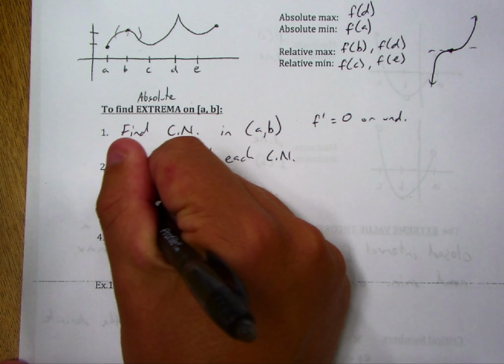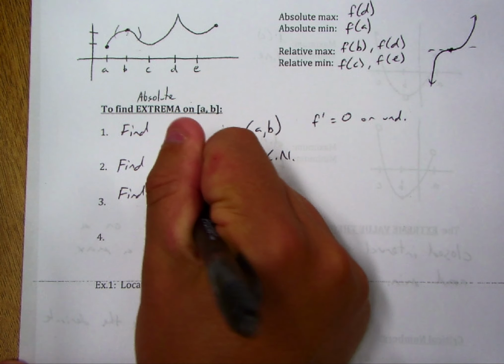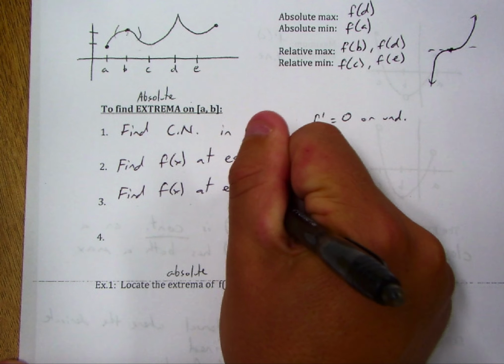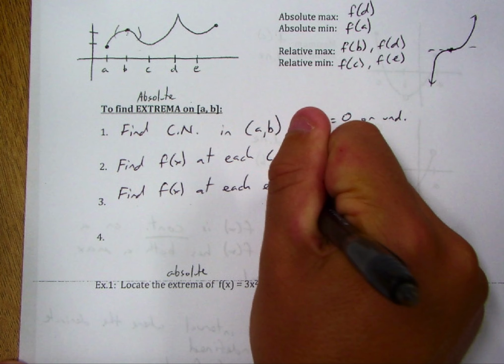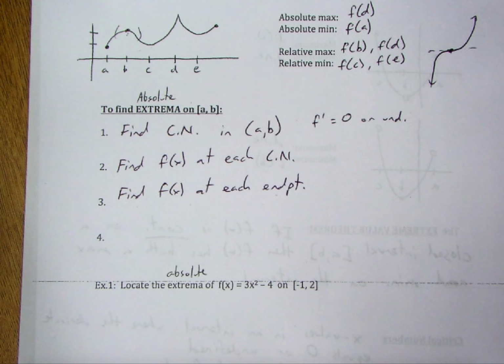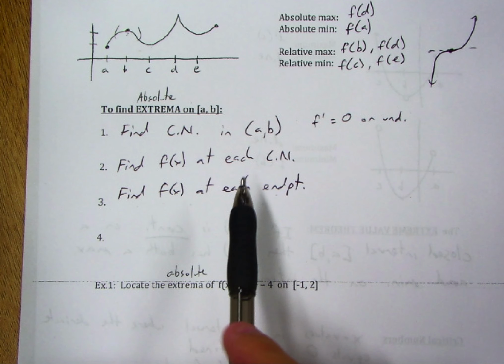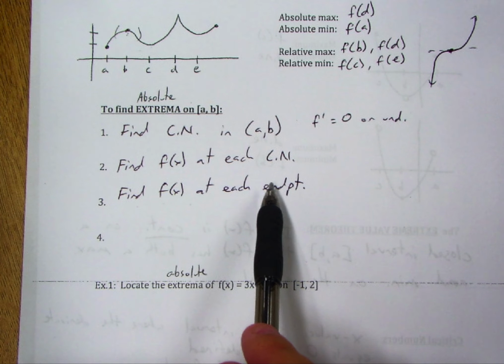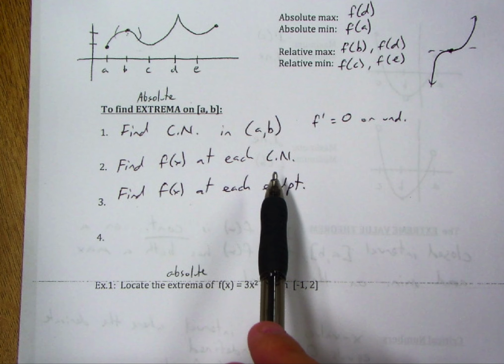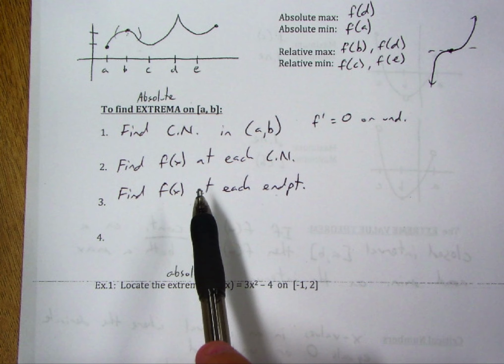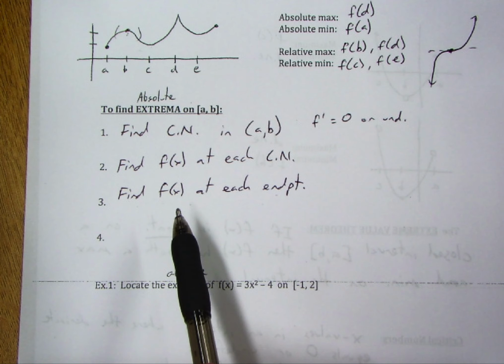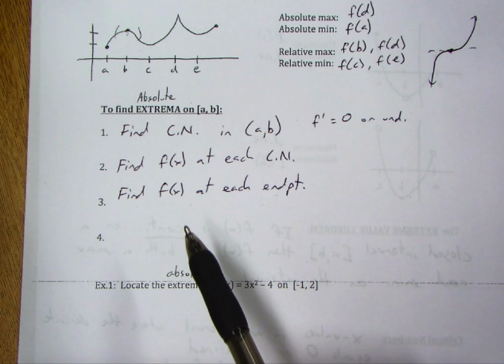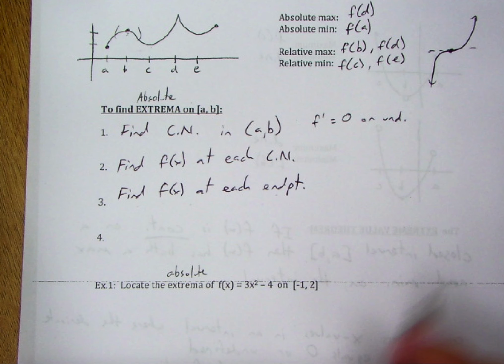So we have to find f of x at each endpoint. Really what's happened here is the absolute extrema have to occur at critical numbers or endpoints. We find the critical numbers, we find the endpoints, plug them into the function, and then we just see, step 4, what's the biggest and what's the smallest y value.